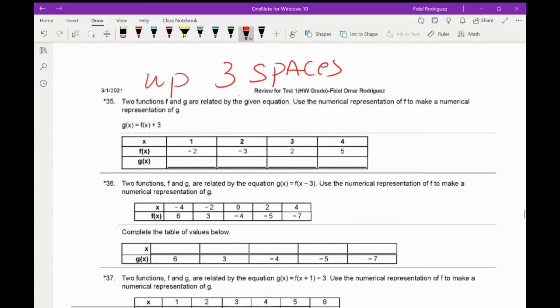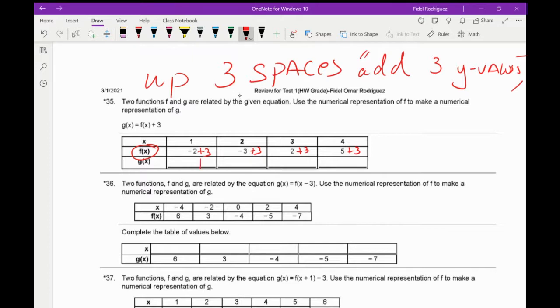And if it's going to move up 3 spaces, all I'm going to do here is add 3 to my y values, okay? So what I mean by my y values, the f, I'm going to add 3 to each of these numbers. So add 3, plus 3, plus 3, plus 3, okay?